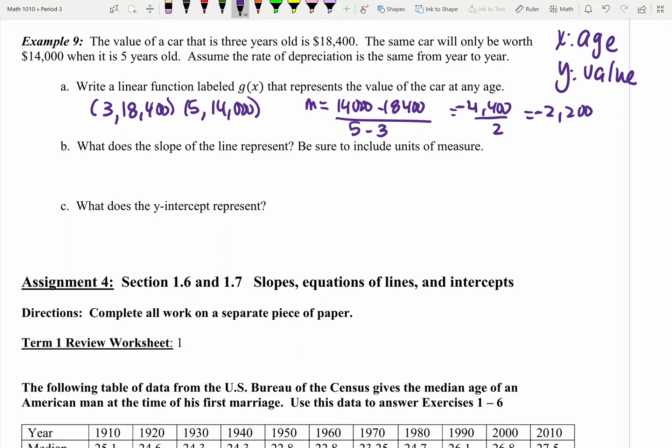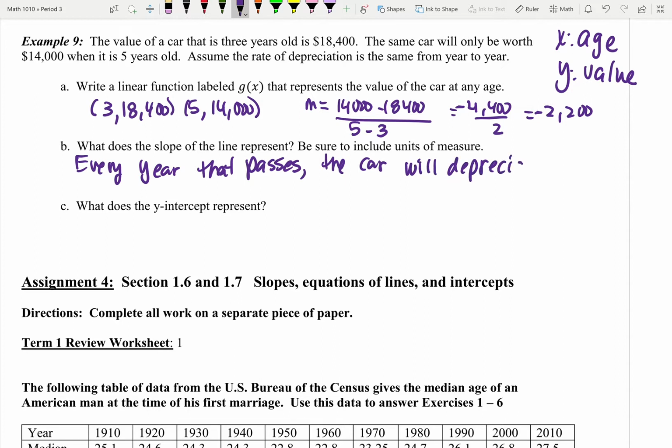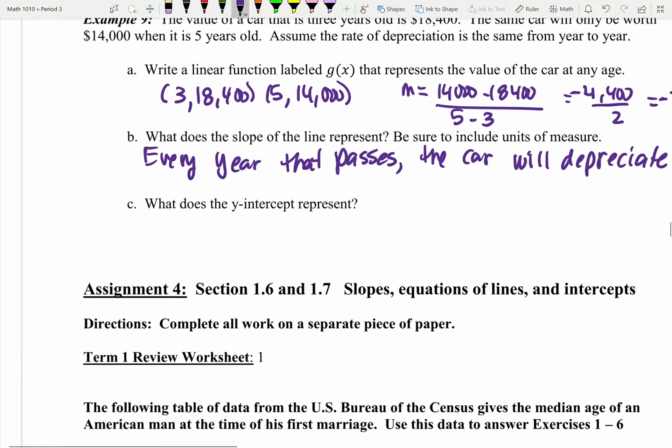It's depreciating. So what does the slope of the line represent? Okay, so I'm going to say every year that passes, the car will depreciate $2,200.